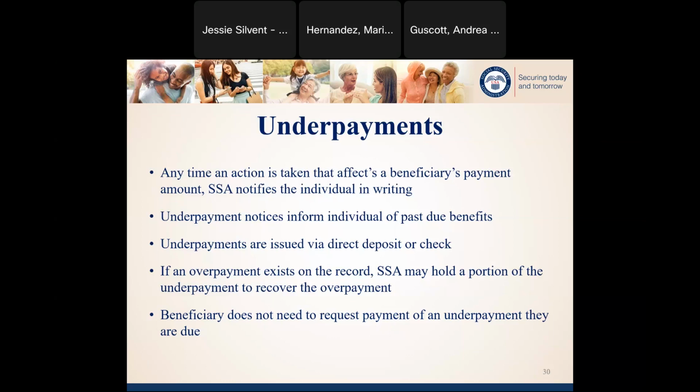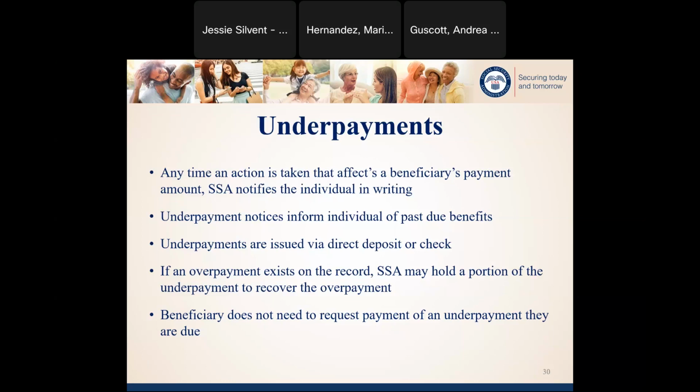Now, a living beneficiary does not need to request payment of an underpayment due to them. So a form or formal request is not required to issue that payment to the individual, and they're generally not required to take any action on their end to receive the money. Now, when an underpayment is due to a deceased beneficiary, we do have an order of priority that we follow to issue the money. So first, it would go to the spouse.